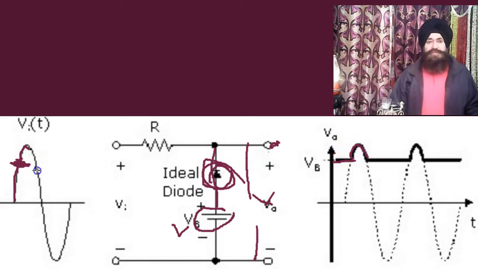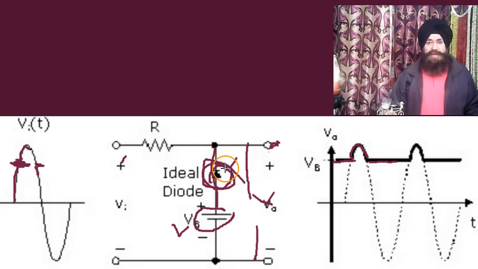So when this voltage goes down from this point, that means the strength of the reverse biasing is decreasing. When it goes down, then Vb makes it forward biased again. So this is an ideal diode, short circuit, and the voltage again becomes equal to Vb.